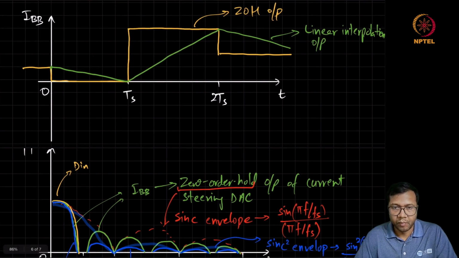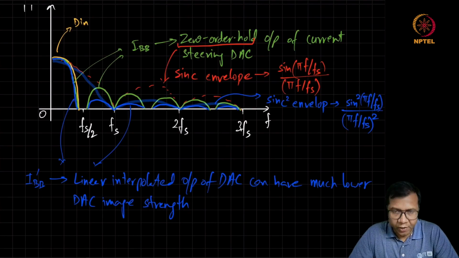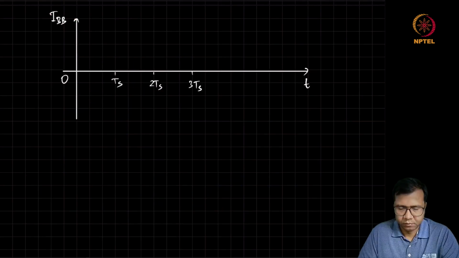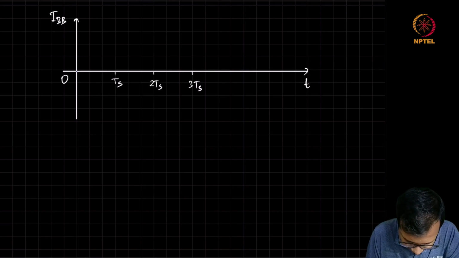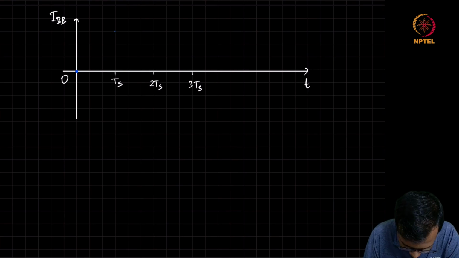But one practical problem is how to implement this linear interpolation. Now let us try to see how we can realize an improved interpolation DAC. Let's say the initial samples of the digital input were like this.